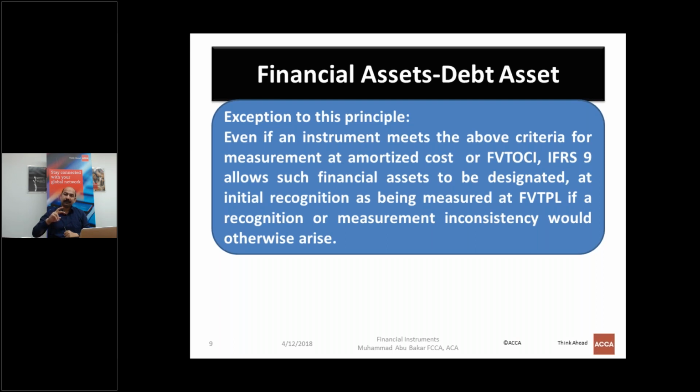Because the interest rate swap is being measured at fair value through profit or loss, the financial asset will also be measured at fair value through profit or loss, even though that financial asset meets the conditions required to be measured at fair value through other comprehensive income or at amortized cost. So this is basically the concept which we discussed yesterday as well.